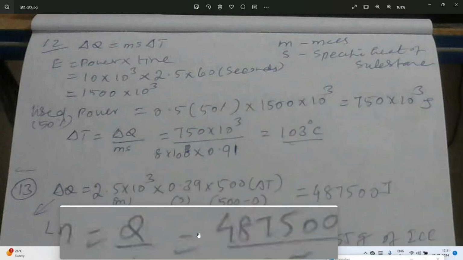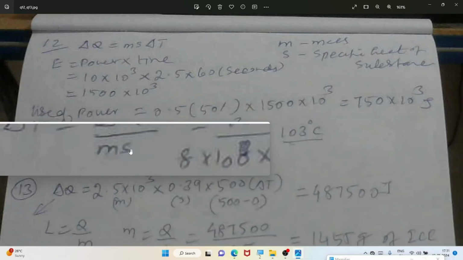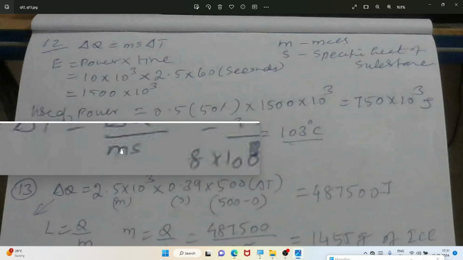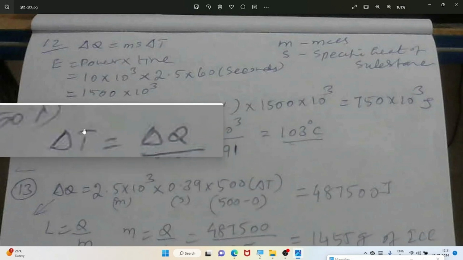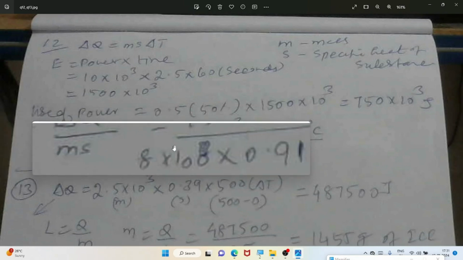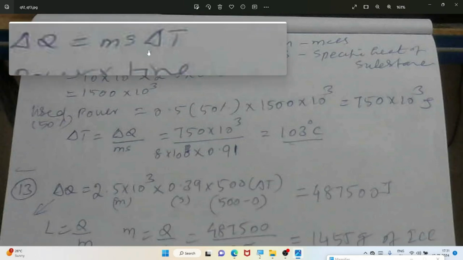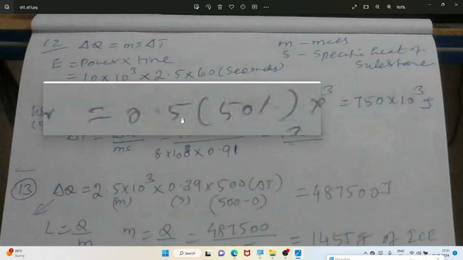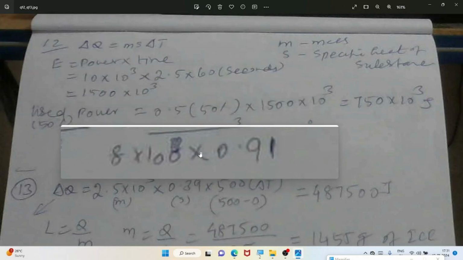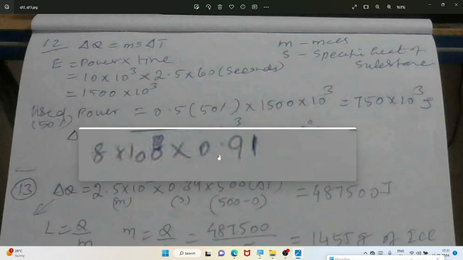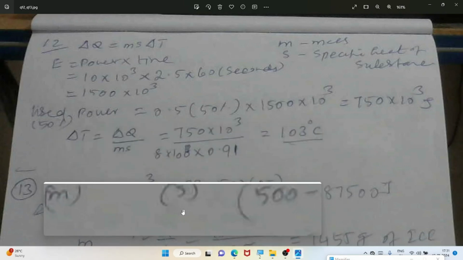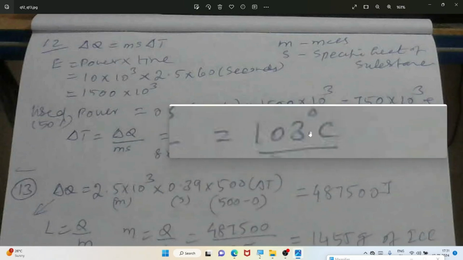So now this is the total power used. You have to find only the temperature difference. So from this formula, delta T equal to delta Q by ms. Then you will get this.